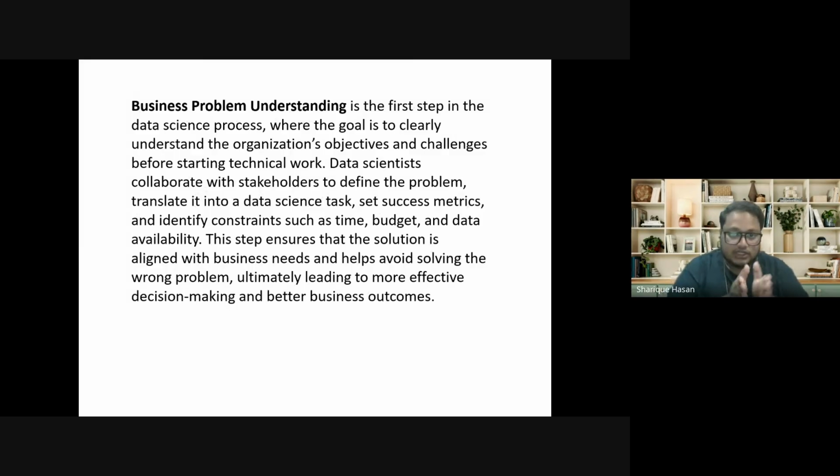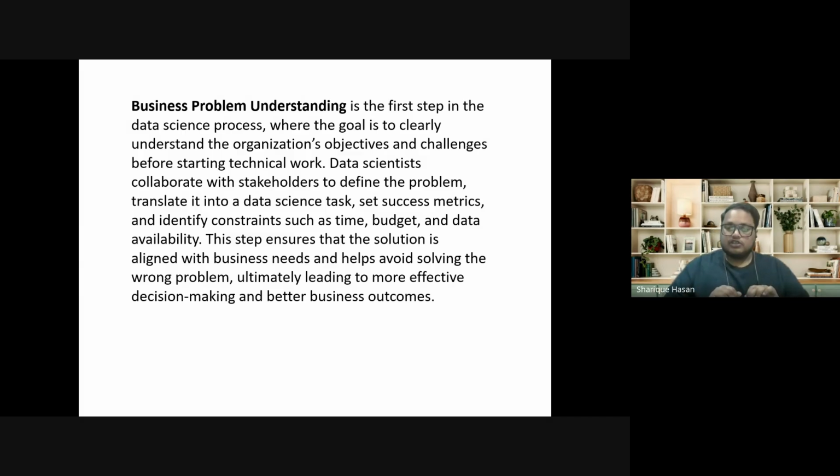So first we have to understand what the problem is, and solve only that, the main target. Ultimately, this leads to more effective decision making and better business outcomes.